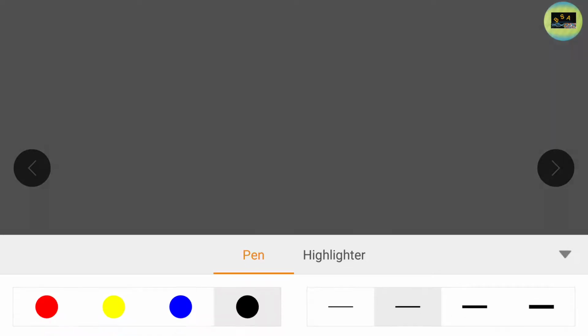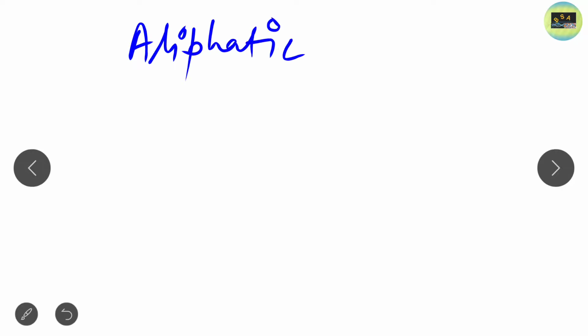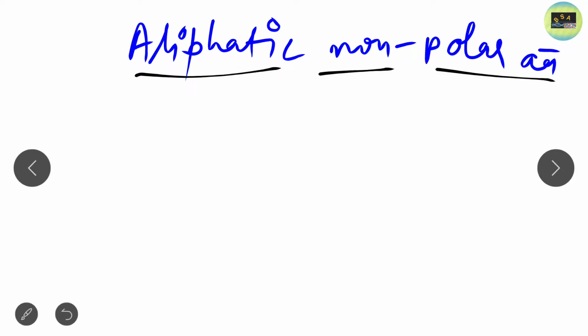the next amino acids are aromatic amino acids. Two aromatic amino acids remain in the non-polar side chain group. So till now we have discussed all the aliphatic non-polar amino acids.